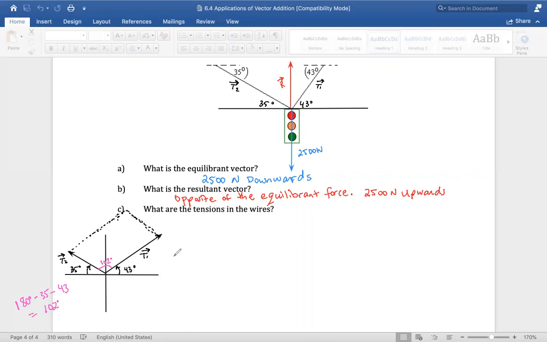So if that's 102, that means that this entire angle here would be 102. But what I need to know is, I'm just going to extend this. Do I have a straight line? Yeah, I'm just going to extend this up. I'm going to have to adjust this because the corner here should be on my resultant vector, this corner.